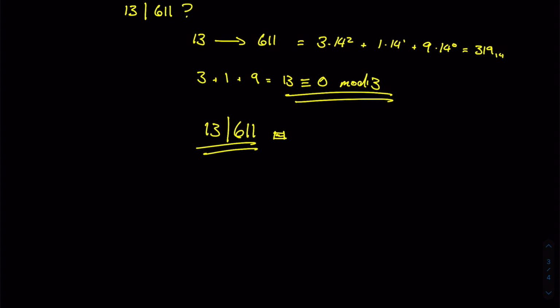So if we're going to express the number 611 in base 14, we can write it as 3 times 14 squared plus 1 times 14 to the first plus 9 times 14 to the 0th, giving us 319 in base 14. Now, if we take the digits 3, 1, and 9, and we sum them up, we find that we get 13, which is congruent to 0 mod 13. In other words, 13 divides 13, and so 13 also divides 611.